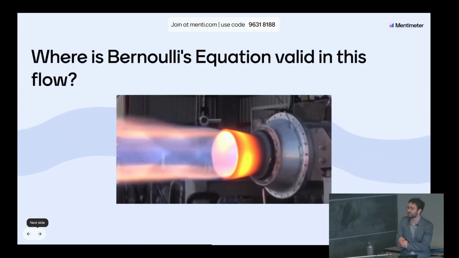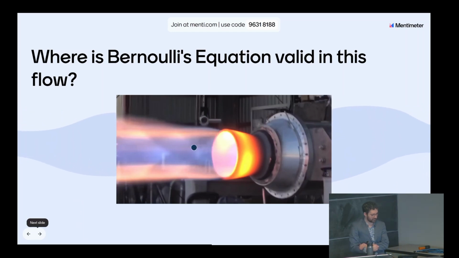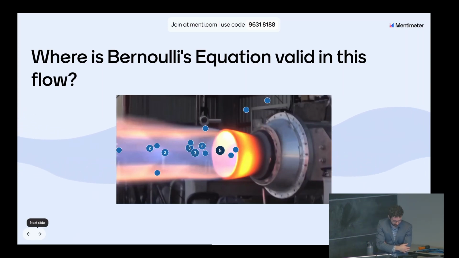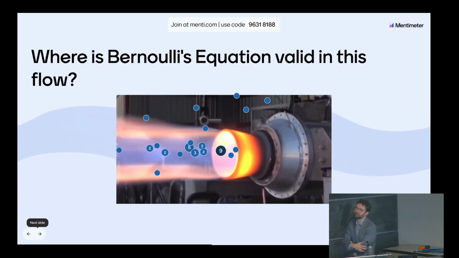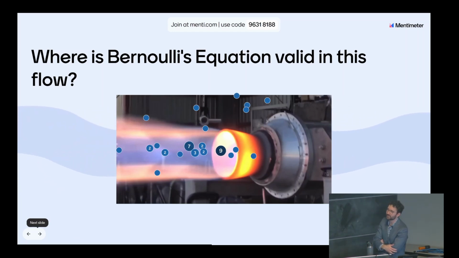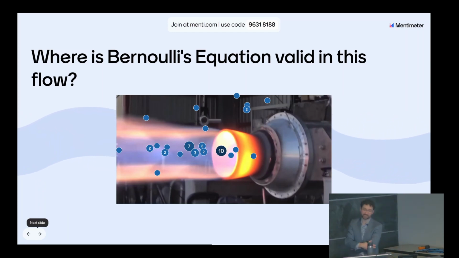What about this flow? This is a flow coming out of a rocket engine. For this one, I would say it does not apply basically anywhere in this flow.